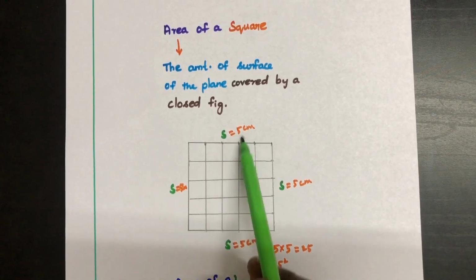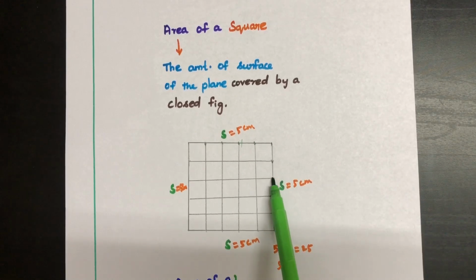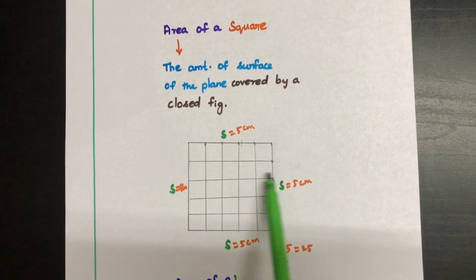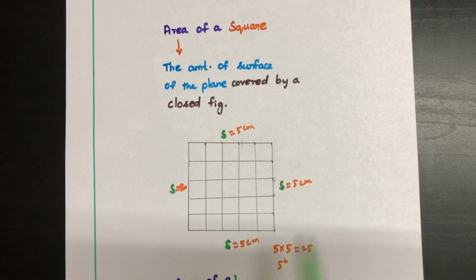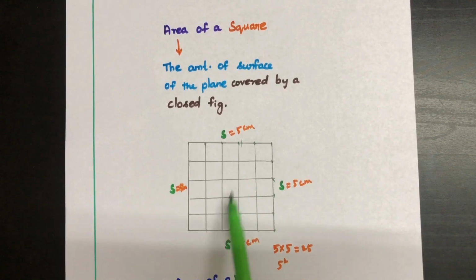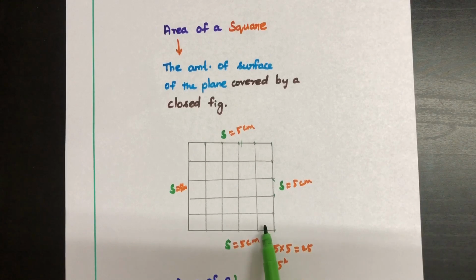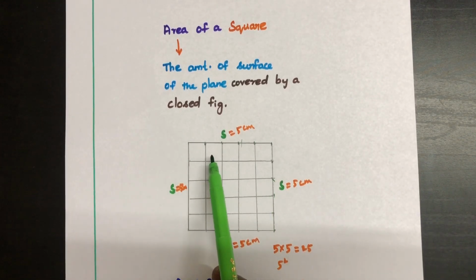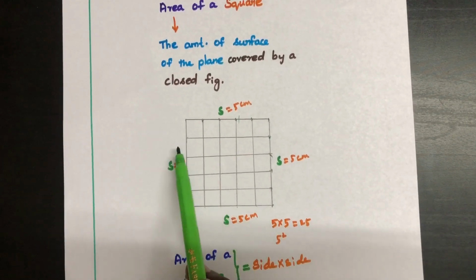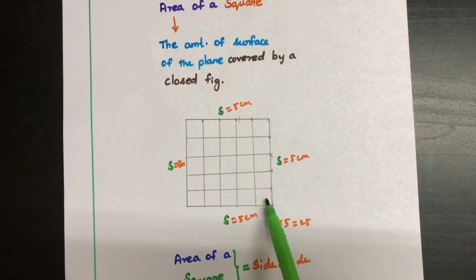If you count, this is 5 by 5, column and row. If you calculate, it comes to 25. We have divided this area into 1 centimeter squares each. If you add all the squares, we come up with 25 squares.